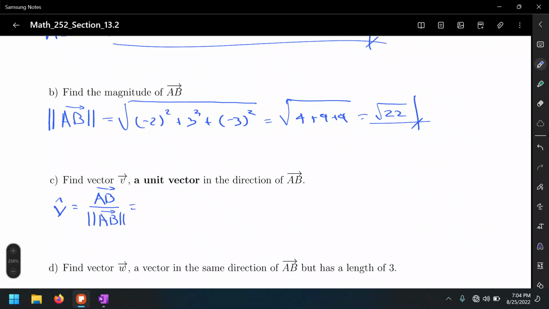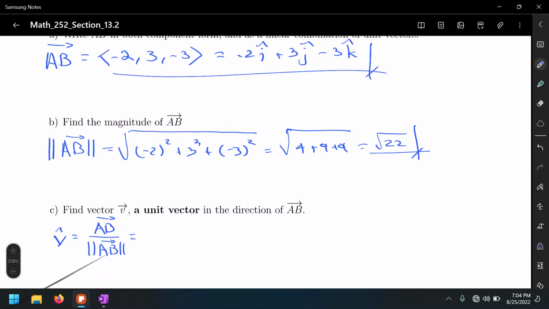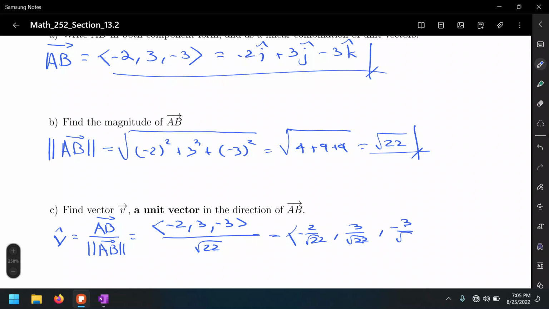In this case, that's negative 2, 3, negative 3, divided by the square root of 22. We distribute this denominator to each component. So that'll be negative 2 over root of 22, comma, 3 over root of 22, and negative 3 over root of 22.